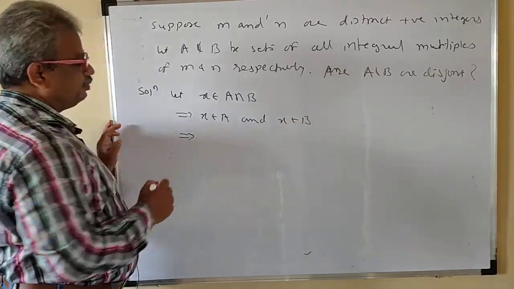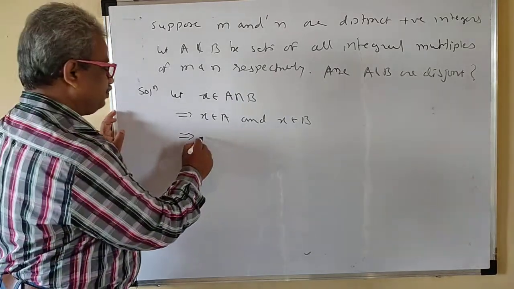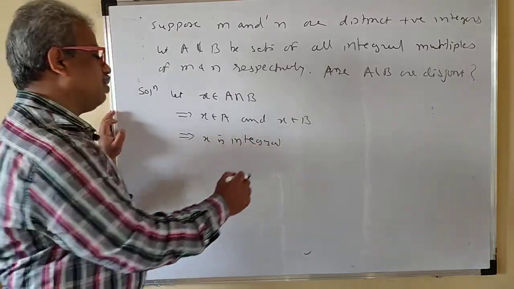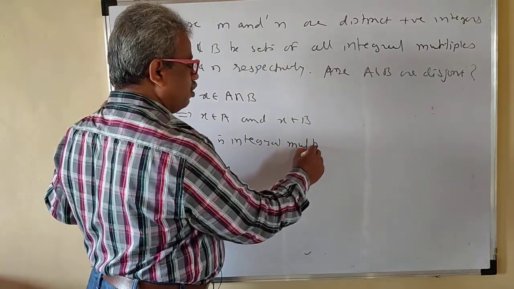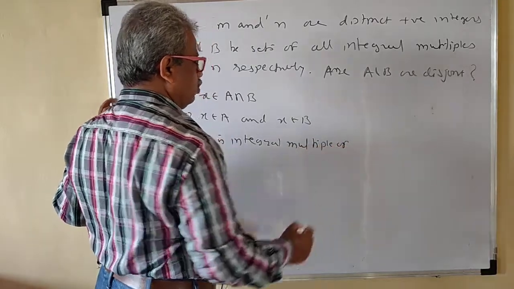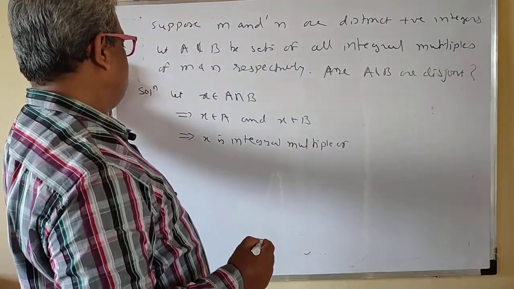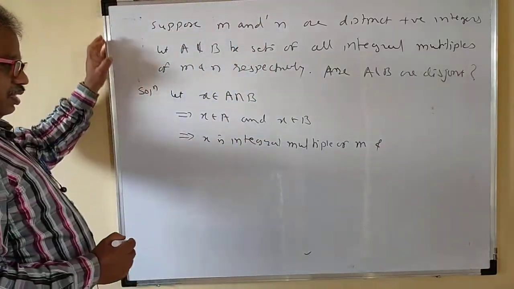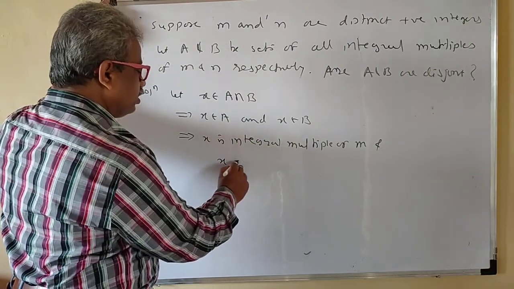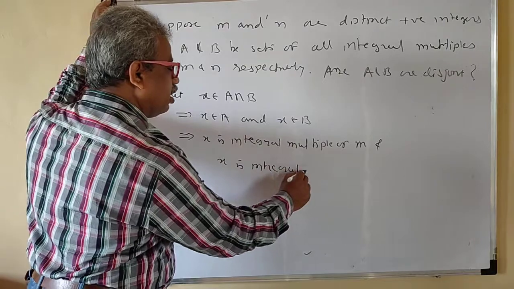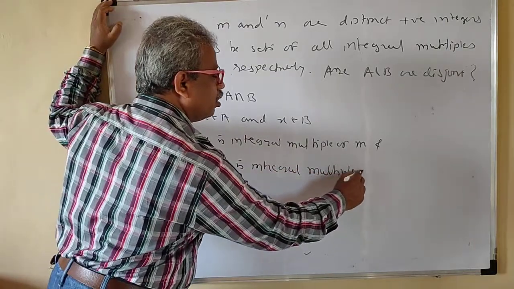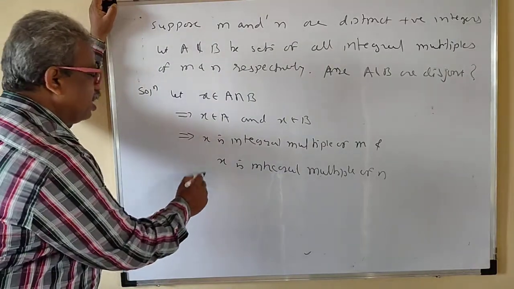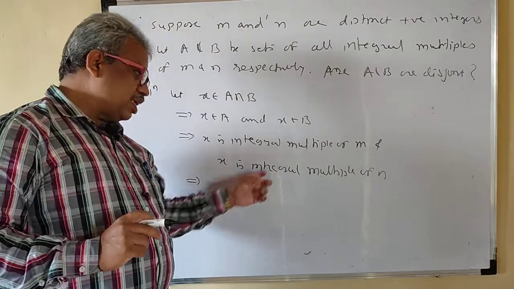So what does this imply? x is an integral multiple of m, and x belongs to B, so x is an integral multiple of n.